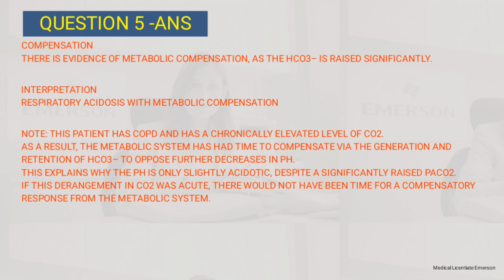So this explains why the pH is only slightly acidotic despite a significantly raised partial pressure of carbon dioxide. Because if this derangement in carbon dioxide was acute, there would not have been time for a compensatory response from the metabolic system. Hope we are together.